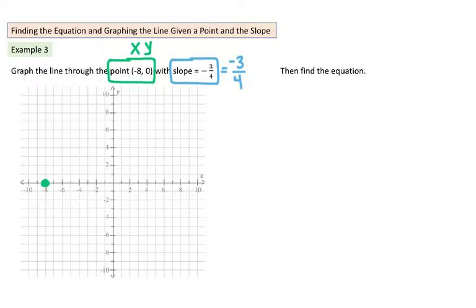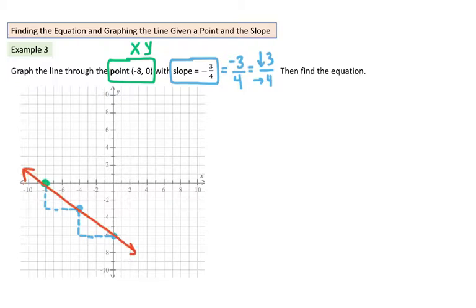And remember, -3/4, that's the change in y over the change in x. So every time you go down 3, you go right 4. So we start at our first point, we go down 3, we go right 1, 2, 3, 4. We get a point. If you want to stair step it and make some more points, you may. And then you can connect those points to graph the line.